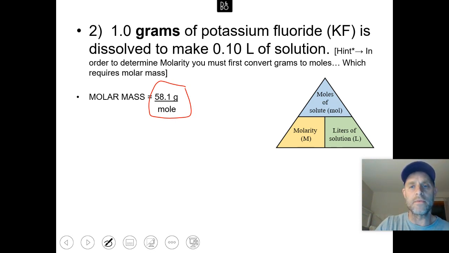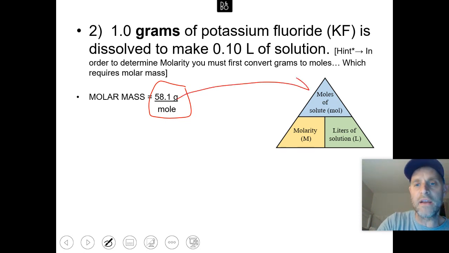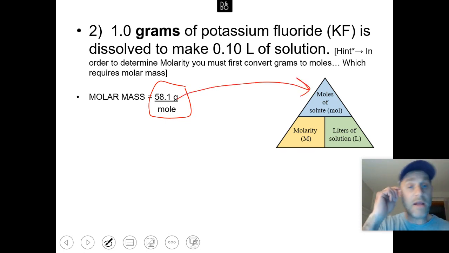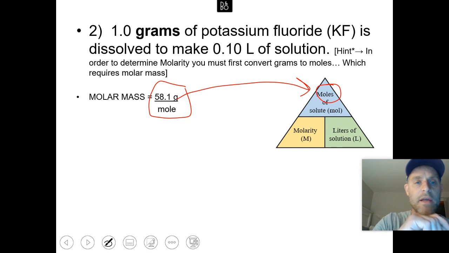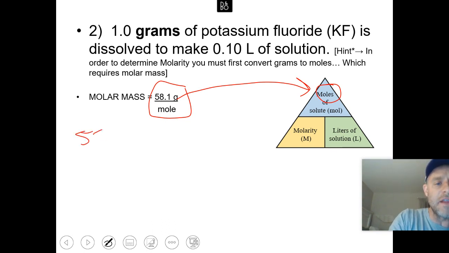Okay, well, that's it then? Do I plug that in here? No. That's grams per mole. I've got to get just moles. It's still in grams. Crud, how do I do that? Well, remember the conversions. So what do I got? I got 58.1 grams. I want to get rid of grams.